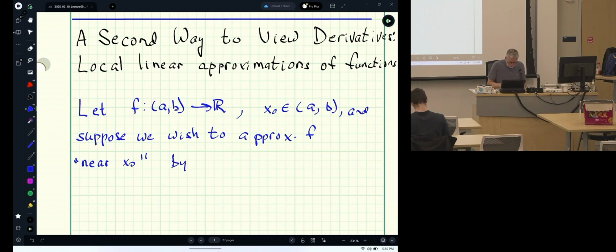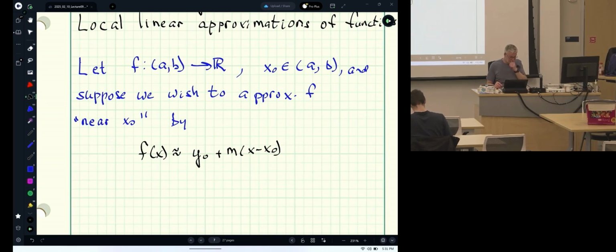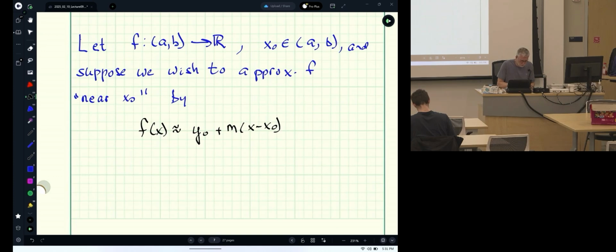And we want to do it by f of x is approximately equal to y0 plus m times x minus x0. And this should work for x minus x0 small. So this is what near means. Okay, so we're going to approximate the function by a line.